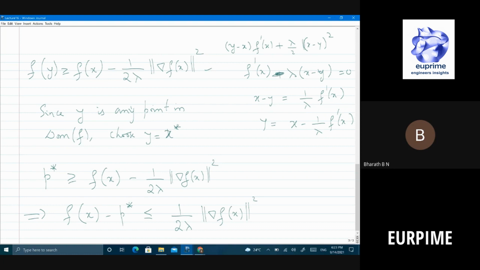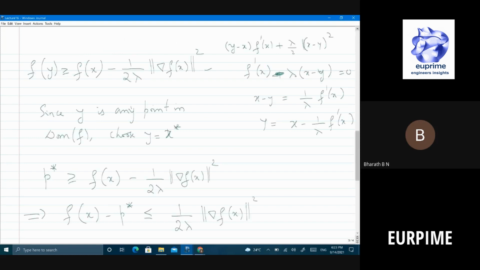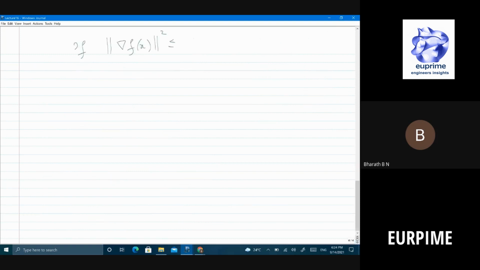So now all that I can say is if the norm of the gradient of f of x whole squared is less than or equal to, I'll make this very small. How small? I'll make it some epsilon. In fact I'll make it 2 lambda epsilon, less than or equal to 2 lambda epsilon implies f of x minus p star is less than or equal to epsilon.